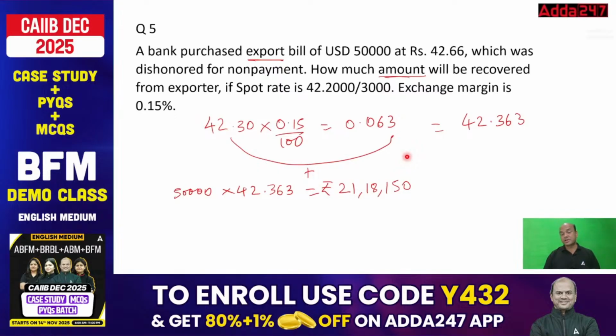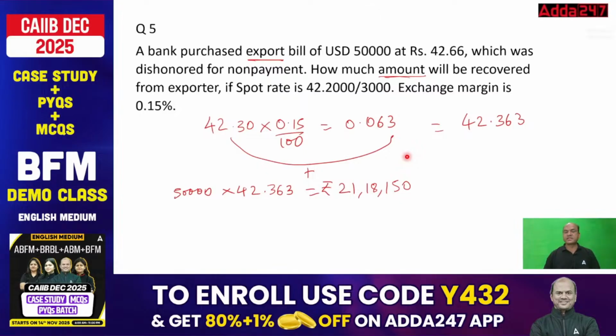So first get the TT margin: 42.66 into 0.15 upon 100. What is the TT margin earlier, not now, earlier? What is the TT margin you are getting? Everyone, all of you. Those who are new, specifically you do it. 0.064.